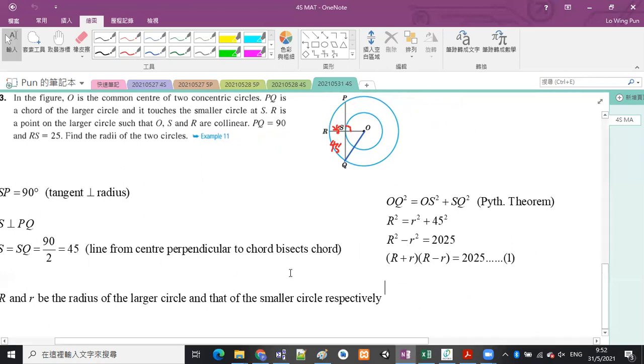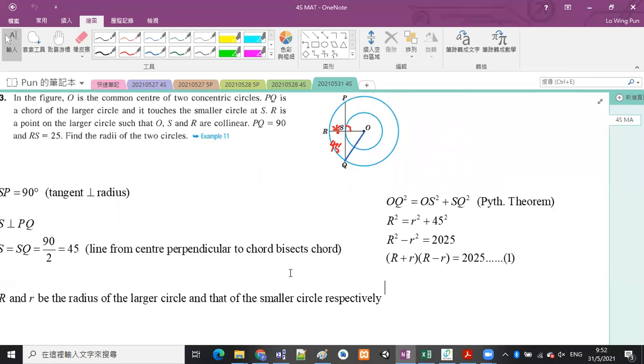In the diagram, we have used the 45, but the 25 is still not used. RS is 25. Okay, but what is RS? RS is actually the difference between OR and OS. That is the big R. Big R is OR. Small r is OS, right?